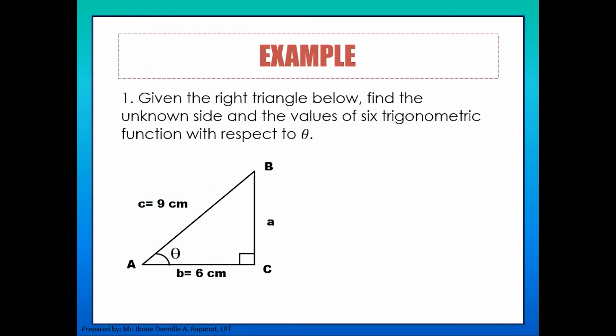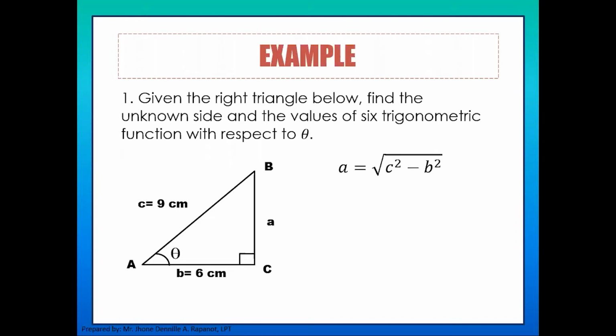So, nothing to worry about how to get the value of A from that general equation, because we already have a formula for finding A for this particular right triangle in relation to Pythagorean theorem. So, A is equal to square root of C squared minus B squared.